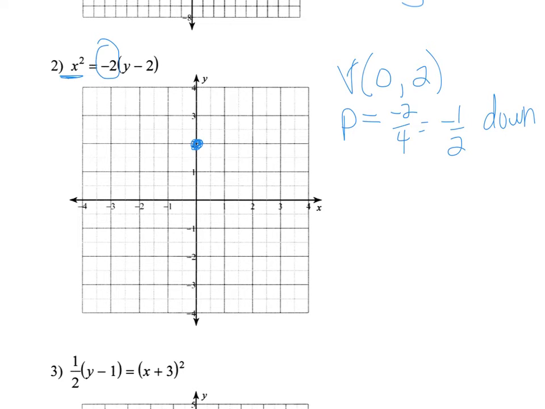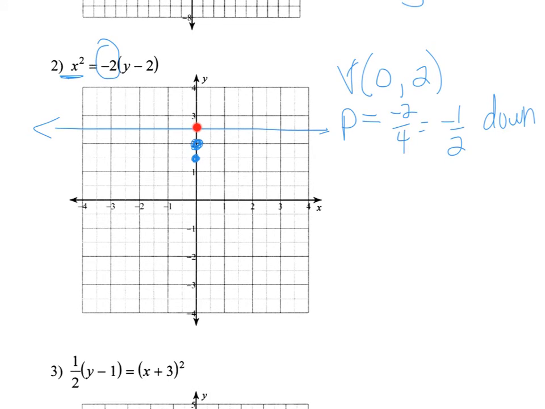Our focus, now this is opening down, so our focus is going to go down 1/2. Now I made this graph have a half, so that makes it a little easier to do. And up 1/2 for the directrix. The 2 extra points, remember this distance here is where I'm going to get those 2 extra points.